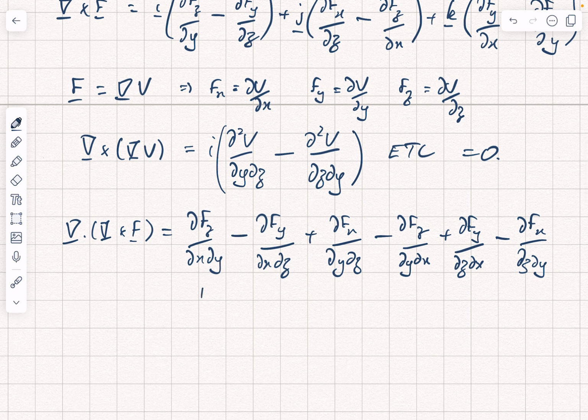And we'll see that this first term cancels with this fourth term here, so those are the dfz by dxdy terms. This second term, the dfy by dxdz, cancels with this second term here, and this third term here cancels with this term over here. So that's why then it's equal to 0 mathematically.